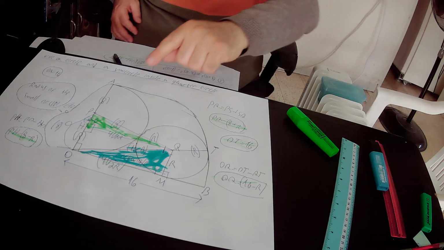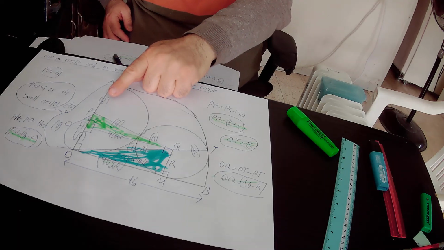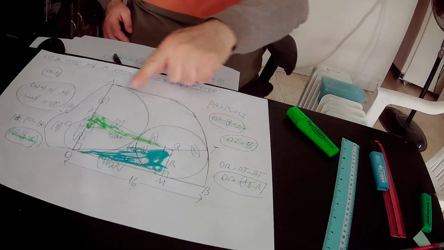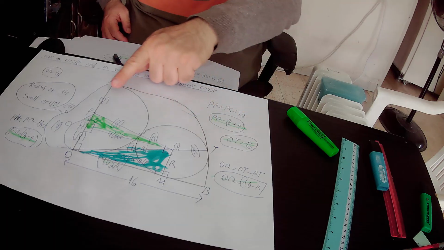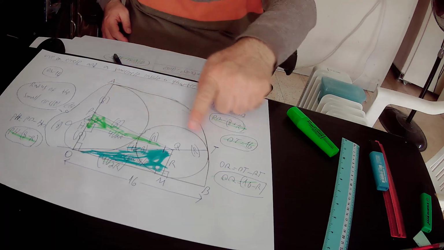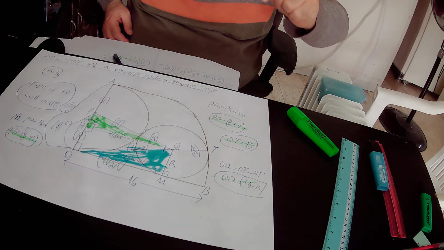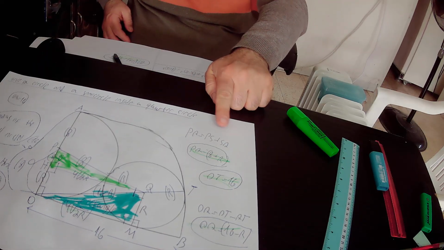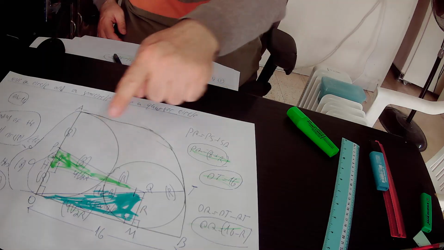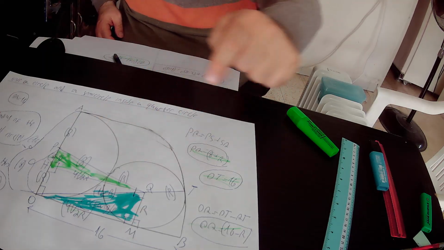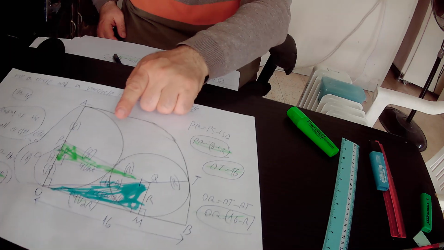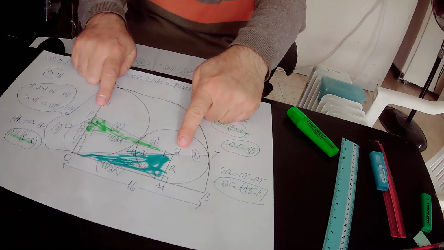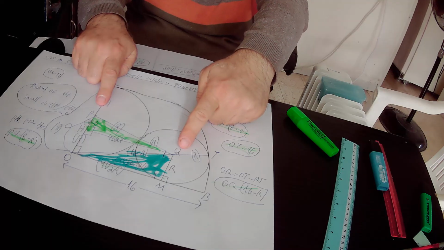Because PSQ is one straight line according to rule 10, it means that PQ must be equal to PS plus SQ. So PQ equals PS, that is 8, plus QS, that is R. So in total, PQ equals 8 plus R. This line segment PQ equals 8 plus R units in length.